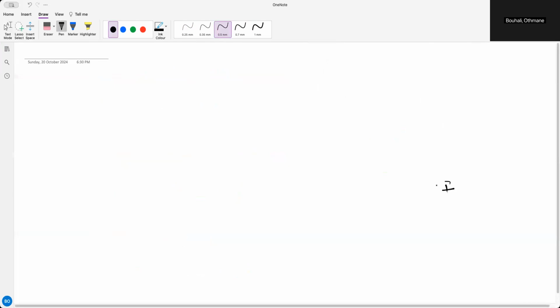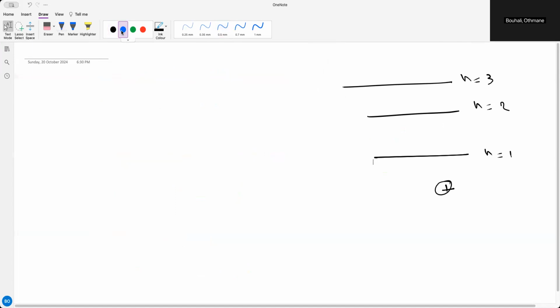I will represent the proton, this is n equal 1, this is n equal 2, and this is n equal 3. So here I have R1 E1, R2 E2, and R3 E3. Please follow now because it becomes interesting here.